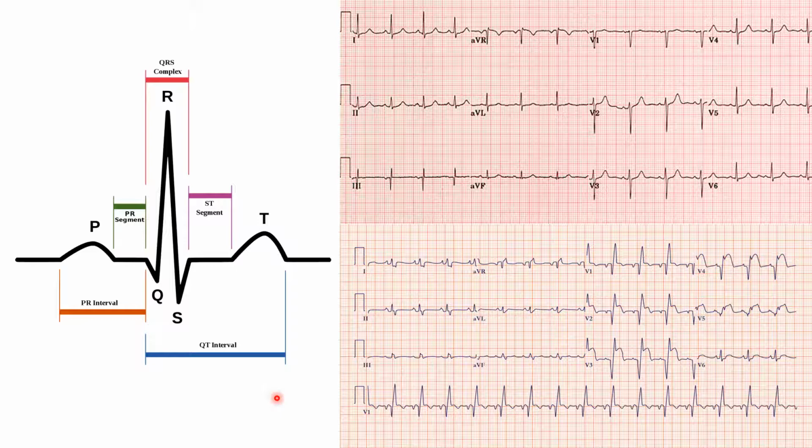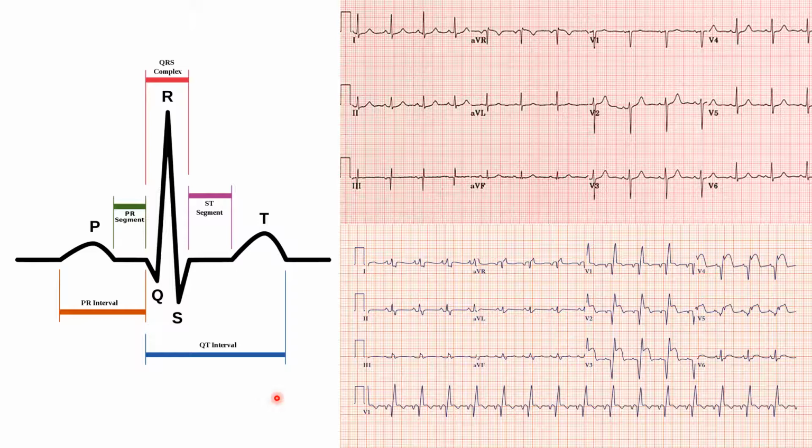And the QRS represents the ventricular depolarization. Again, ventricular depolarization, while the T wave comes after the QRS complex and indicates ventricular repolarization.